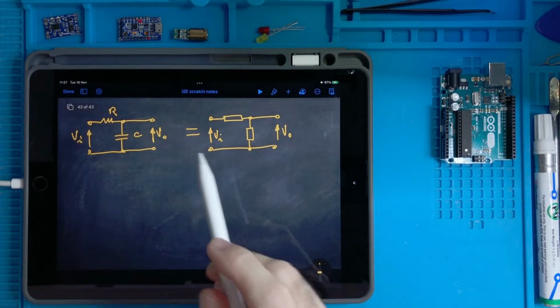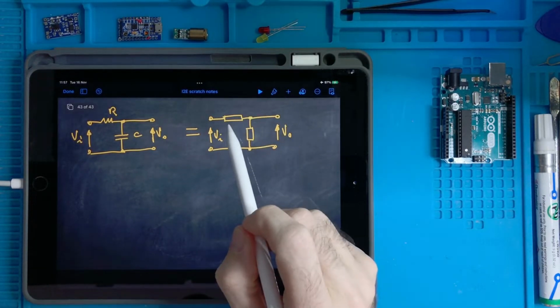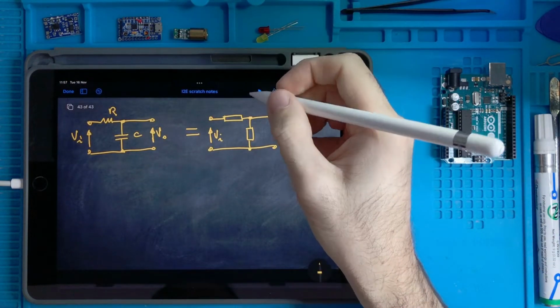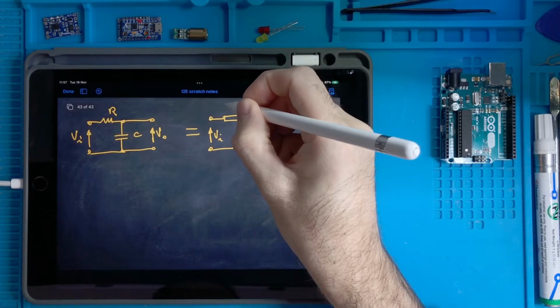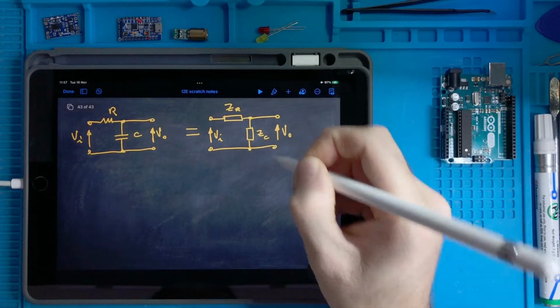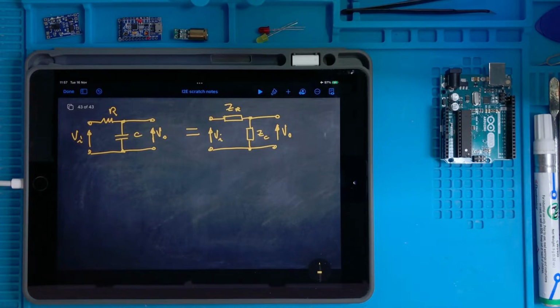So now, in place of the resistor and capacitor, I put two little black boxes, which are the symbols for the impedance, and I call this ZR and this ZC, the impedance of the capacitor and the impedance of the resistor.